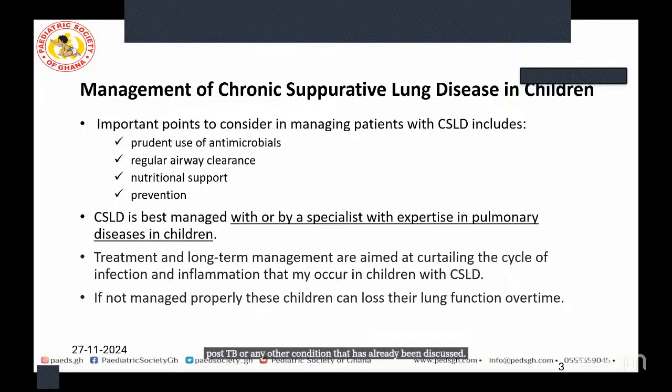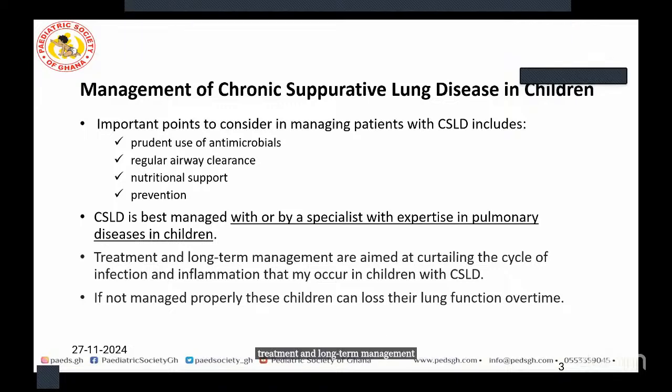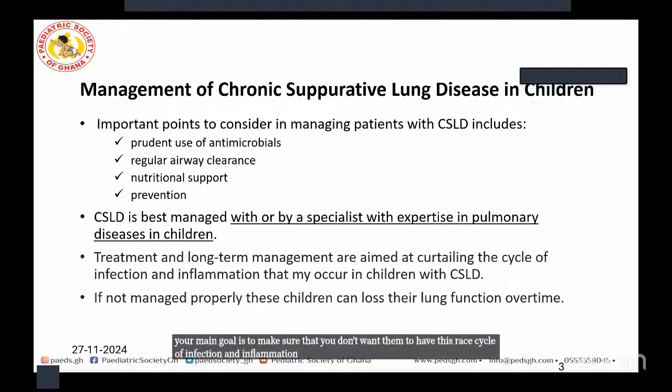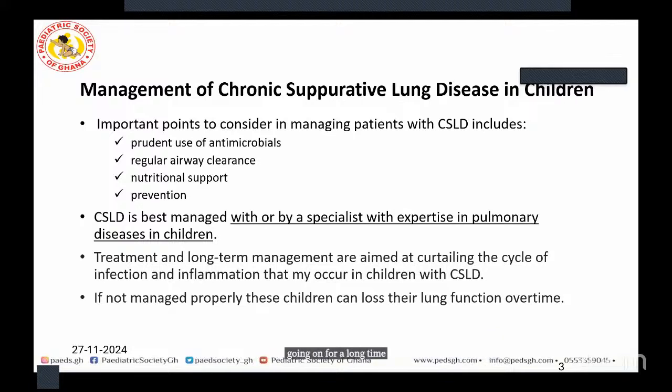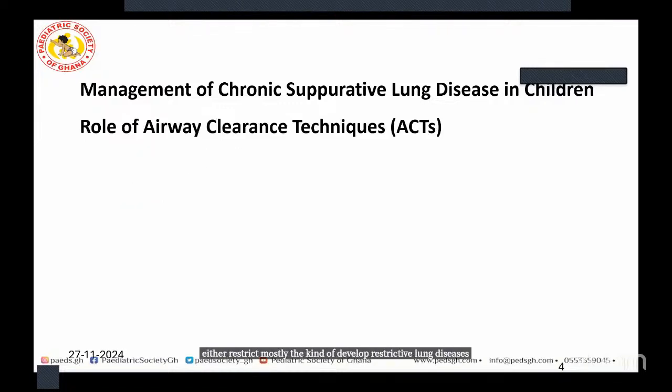In treatment and long-term management, your main goal is to make sure that you don't have this vicious cycle of infection and inflammation going on for a long time, because when that goes on and it's not properly managed, it can lead to loss of lung function over time. They can develop mostly restrictive lung diseases.